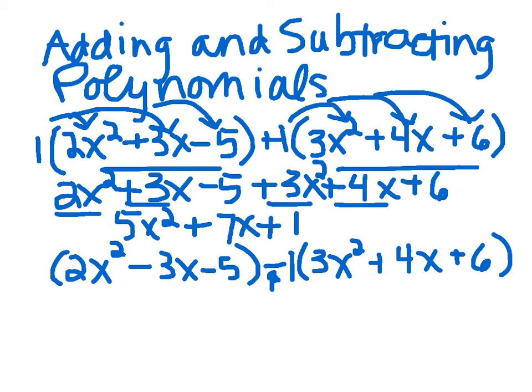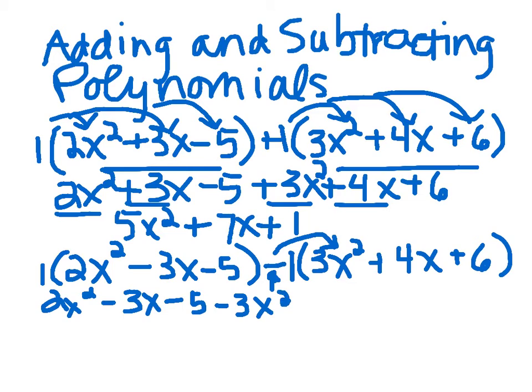The reason why that's tricky is because here, this is a positive 1, so these don't change. 2x squared plus 3x minus 5, and then, when I distribute a negative over here, I've got negative 3x squared, and now I have negative 4x and negative 6.